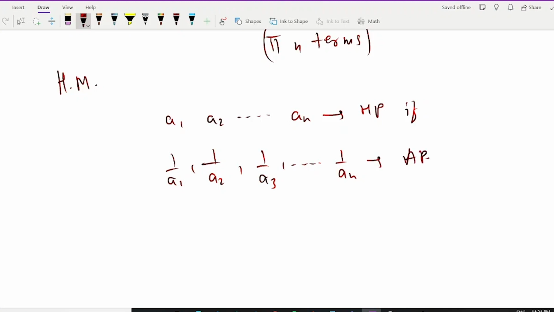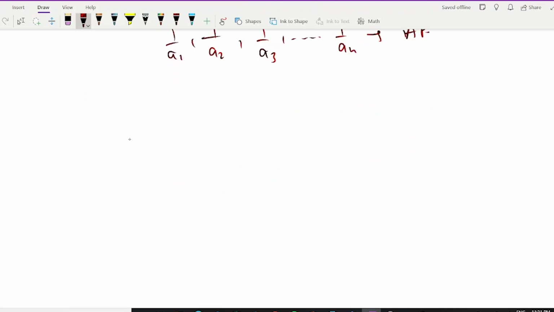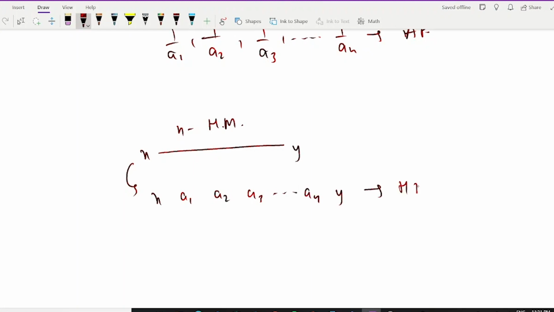Okay, so if you are given two numbers x and y, and you are asked to put n harmonic means between these two numbers, what I can say is, let the sequence be represented as x, a1, a2, a3, an, and y is in harmonic progression HP.